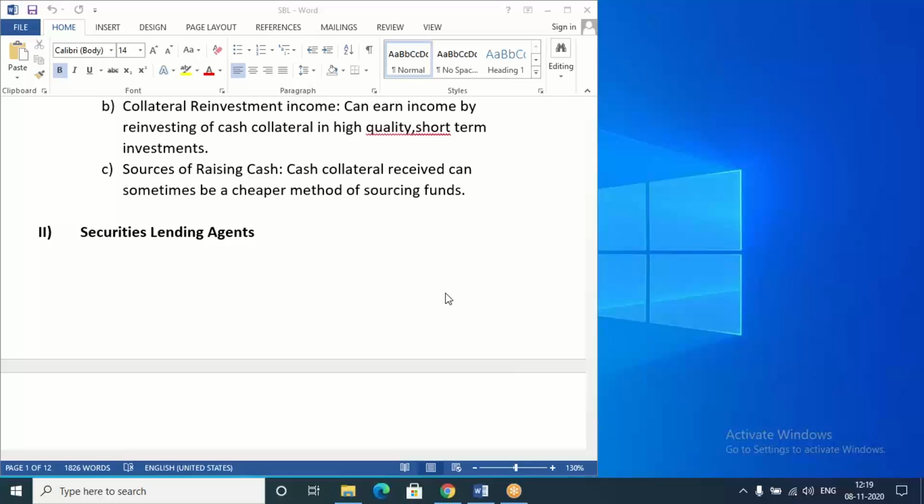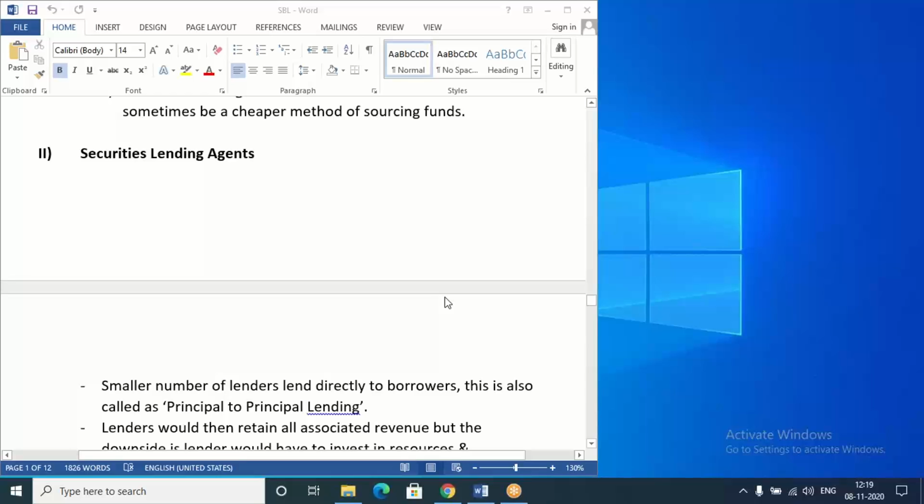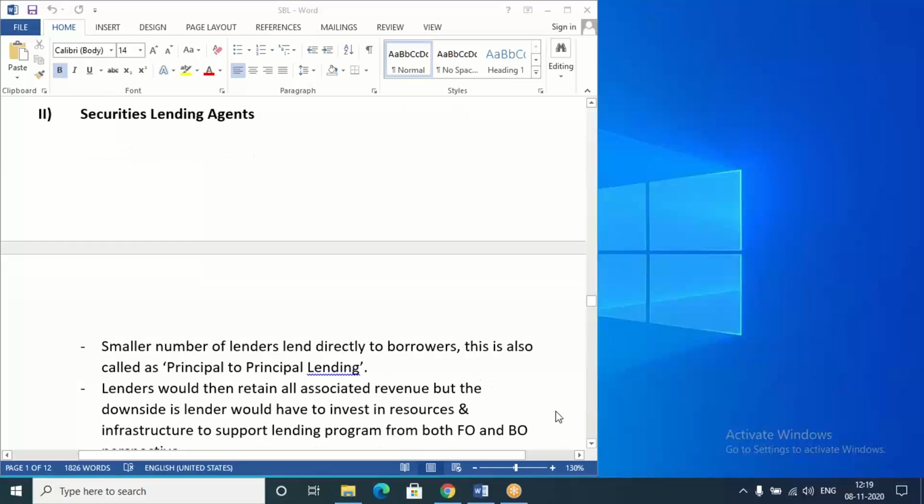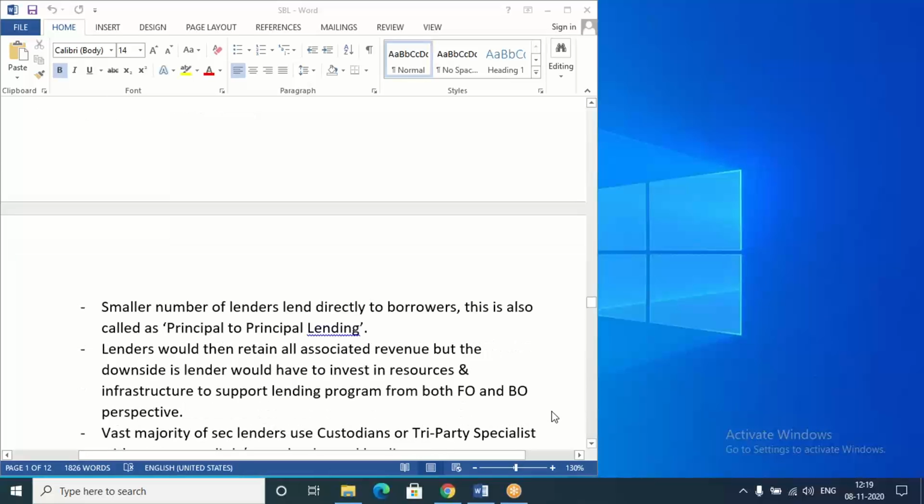However, lenders may not always use sec lending agents because they might have their own borrowers who borrow from them regularly. When lenders directly lend to the borrowers, this is called principal to principal lending, or direct lending. Lenders would retain all associated revenue, but the downside is they have to invest in resources and infrastructure to support the lending program from the front office and the back office perspective.